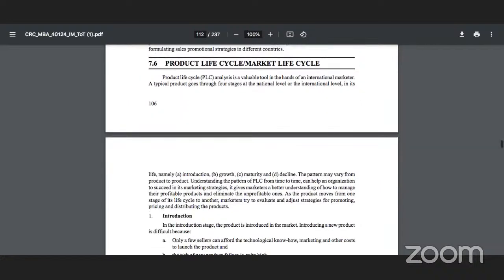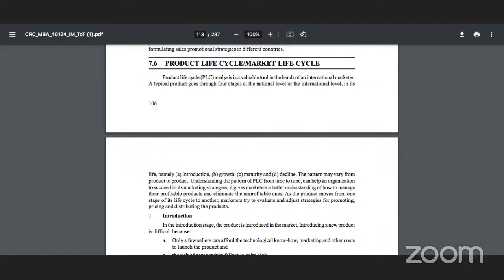Now, let's move to the next aspect, that is product life cycle or market life cycle. What is PLC or product life cycle? An analysis of this helps us understand that PLC is a valuable tool in the hands of an international marketer. Particularly, we are talking from India's perspective, however, it applies equally to other countries as well.